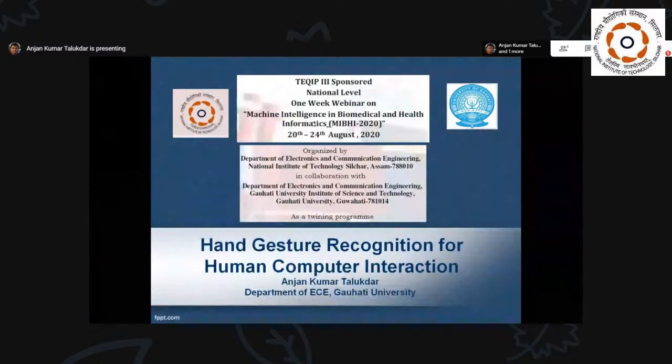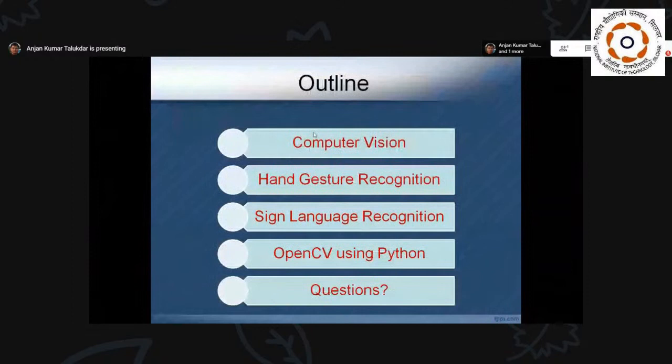So good afternoon, everyone. So today I am going to present on hand gesture recognition for human-computer interaction. So this is the outline for today's presentation. First, I'll briefly talk about computer vision, because some of you may not be familiar with this field, so I'll briefly go through that.